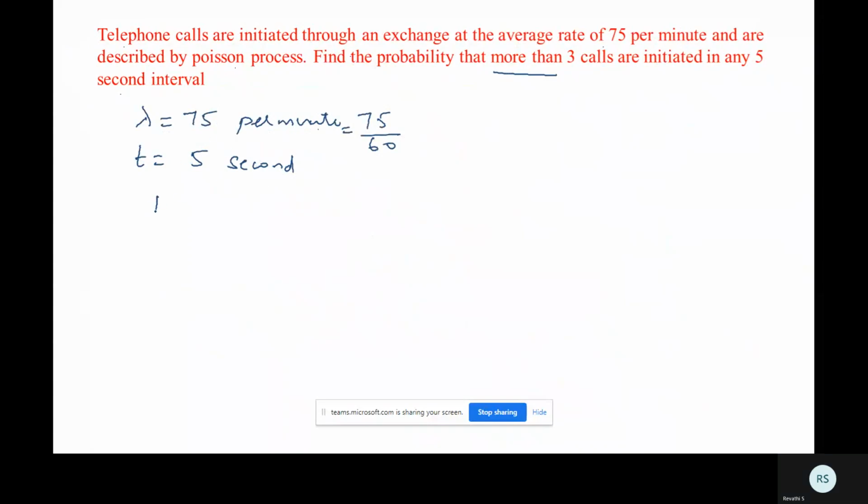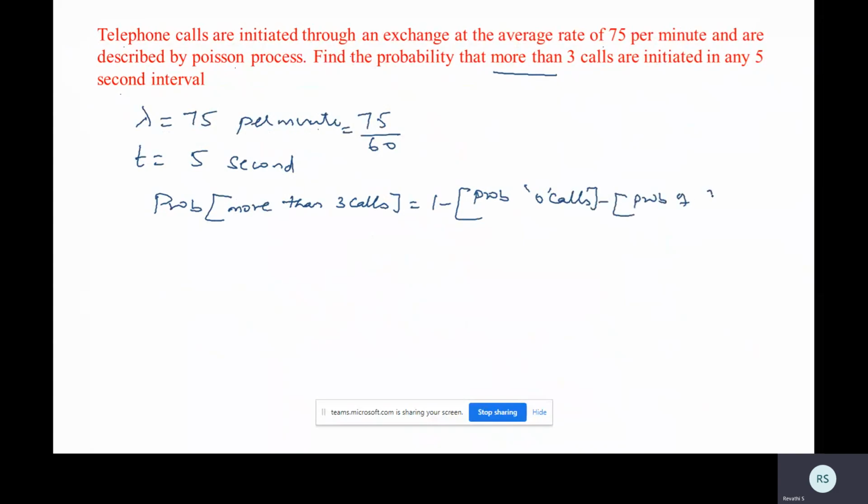Probability that more than 3 calls is nothing but 1 minus probability of 0 calls minus probability of 1 call minus probability of 2 calls minus probability of 3 calls. You have to do it like this.